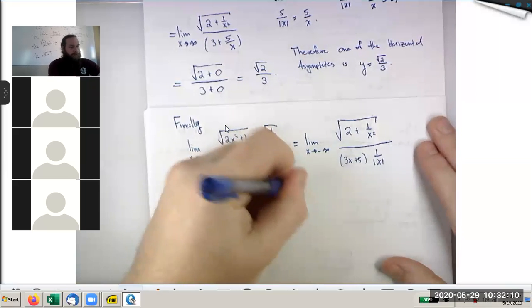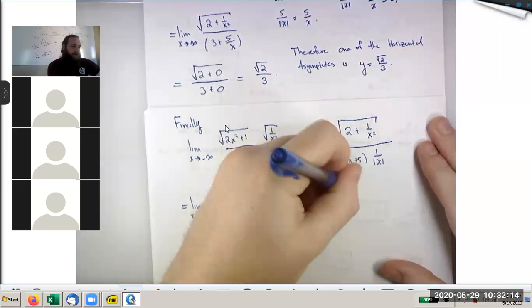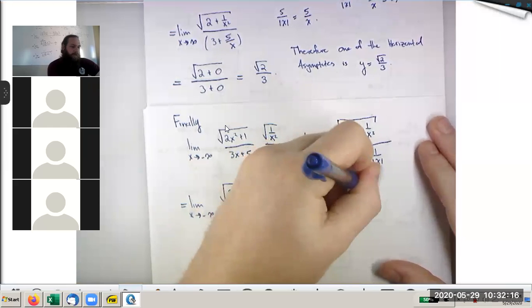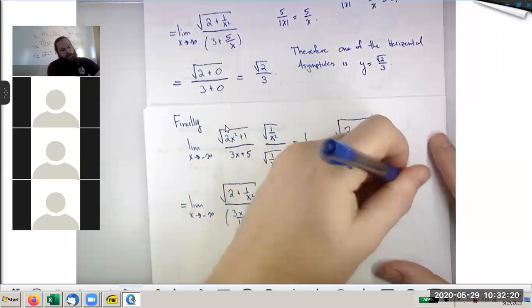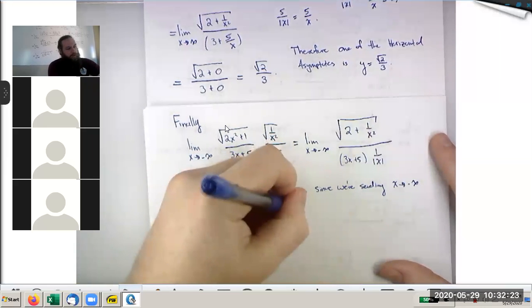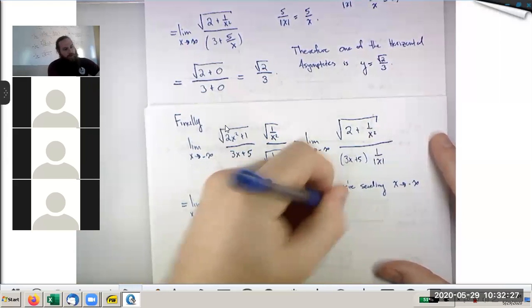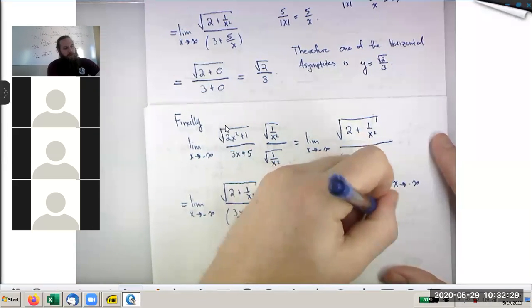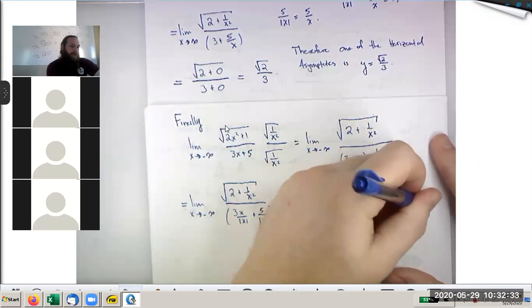Here, since we're sending x to negative infinity, the x's are less than 0. So the absolute value of x is equal to negative x.